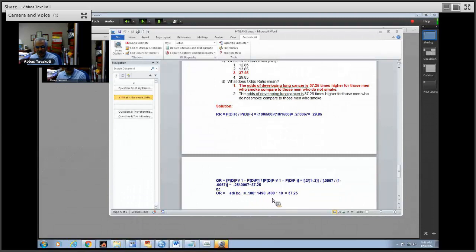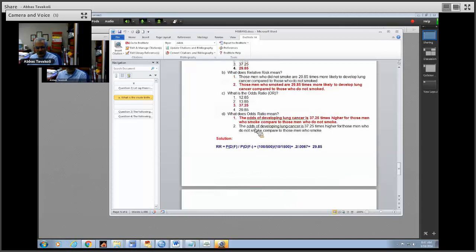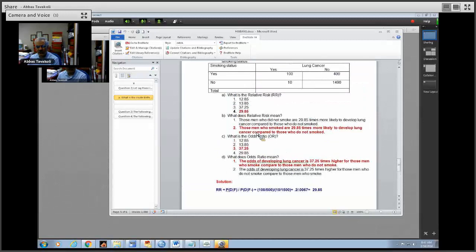Odds ratio, on the other hand, you calculate using either the probability formula or A times D over B times C, which is 100 times 1490 divided by 14 times 10, 37.25. Now, the interpretation for odds ratio is that from disease or condition you go to the factor.